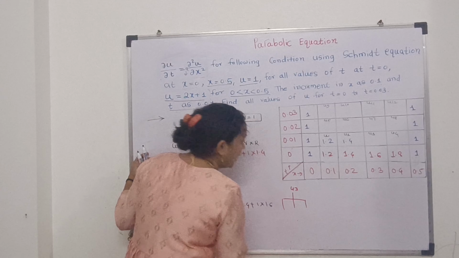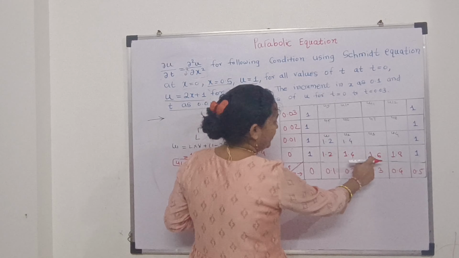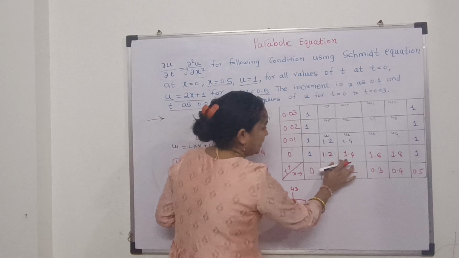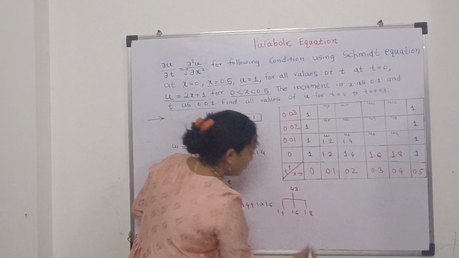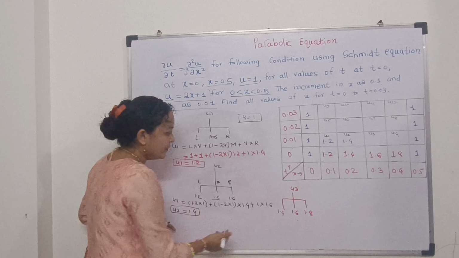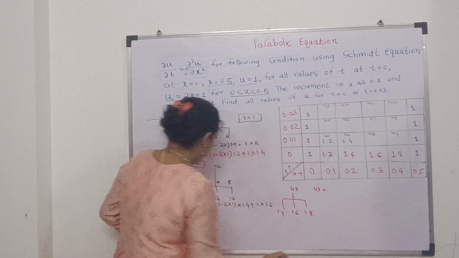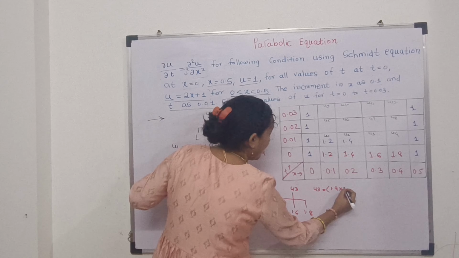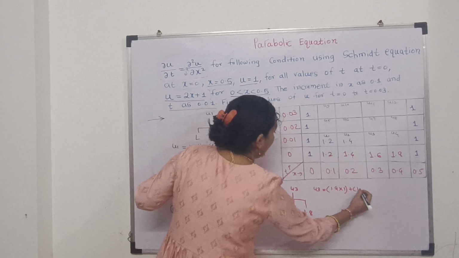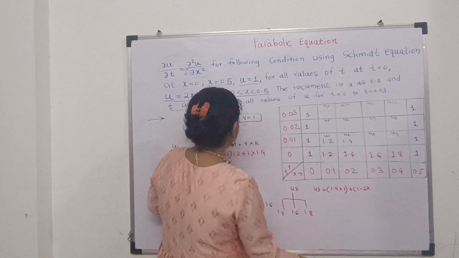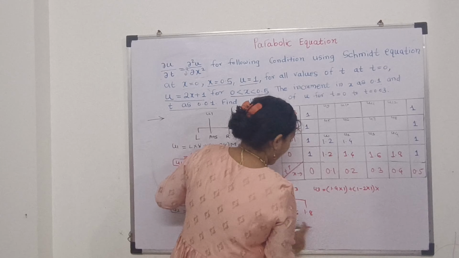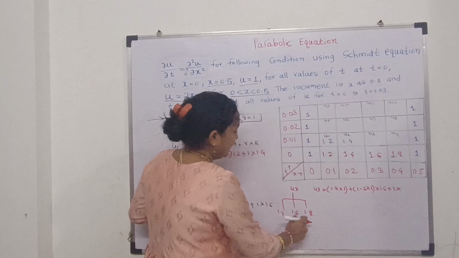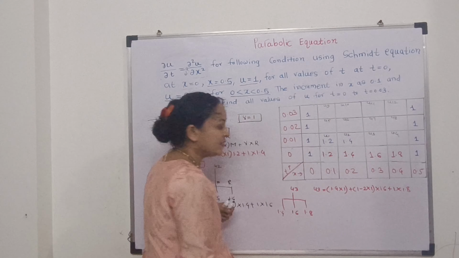For u3, the middle value is 1.6, the left hand side is 1.4 and the right hand side is 1.8. So u3 is the left hand side value 1.4 multiplied by 1, plus 1 minus 2 multiplied by gamma, that is 1, into bracket 1.6, plus gamma value 1 multiplied by the right hand side value 1.8.